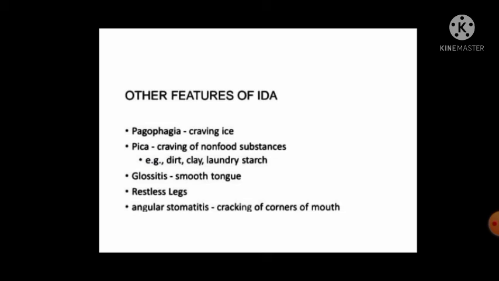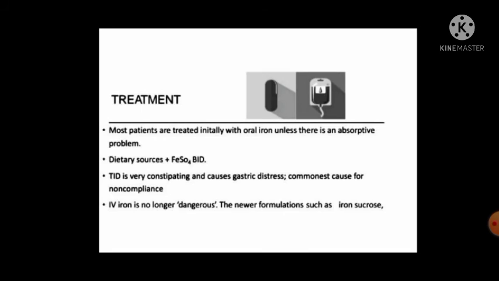Glossitis, smooth tongue, restless legs, and angular stomatitis, cracking of the corners of the mouth, are features of iron deficiency anemia.